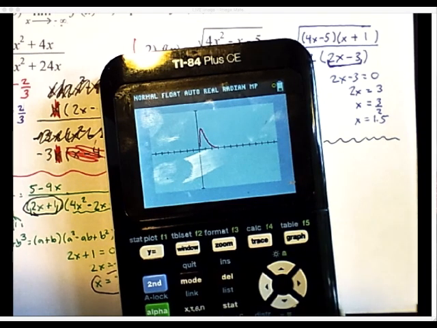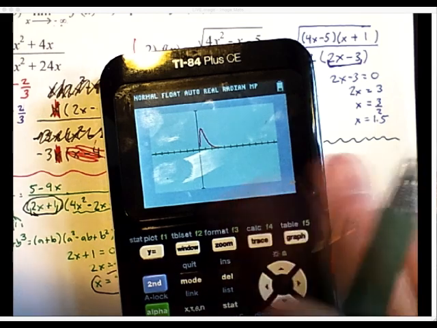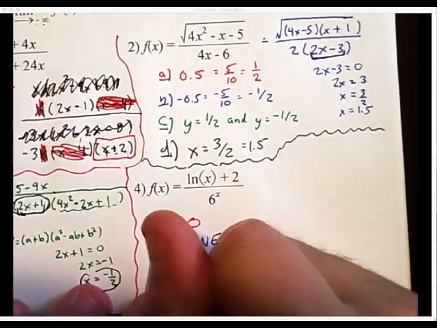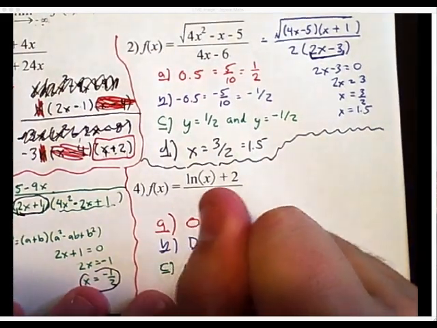So there's the curve. And that curve looks like it's getting really close to that green line. And it won't ever quite touch it, but it'll get really close to it. So the equation of the horizontal asymptote is y equals 0.